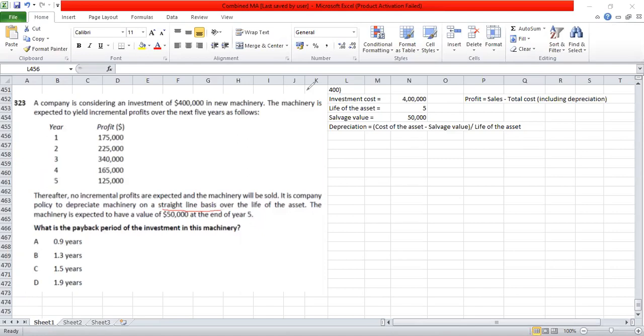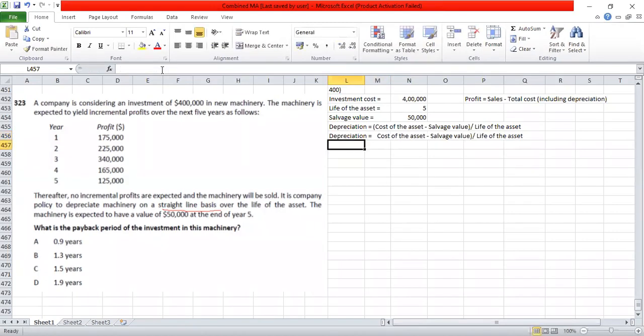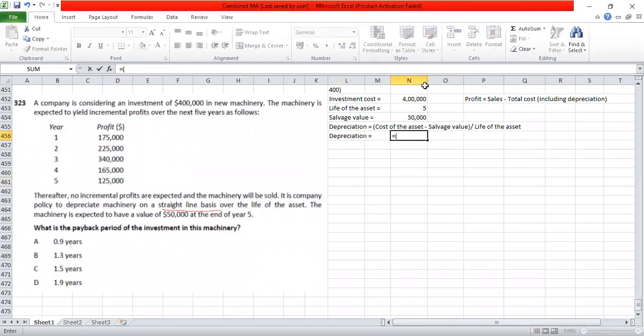So just calculate what is depreciation is equal to, we see cost of the asset is 400,000 minus salvage value is 50,000 divided by the life of the asset is 5 years. 70,000 is the amount of depreciation.